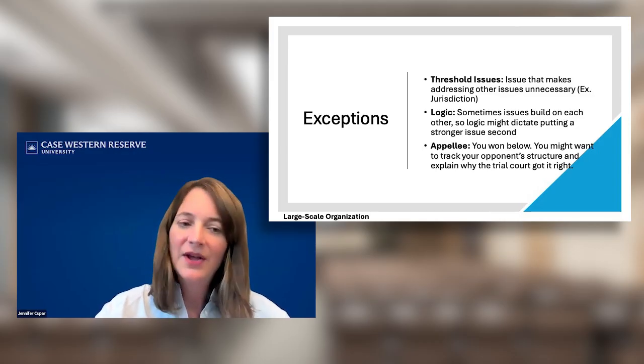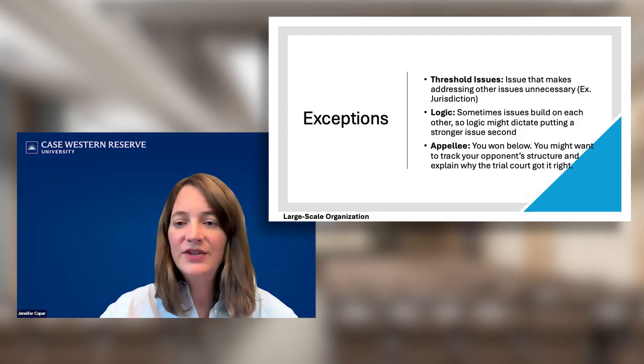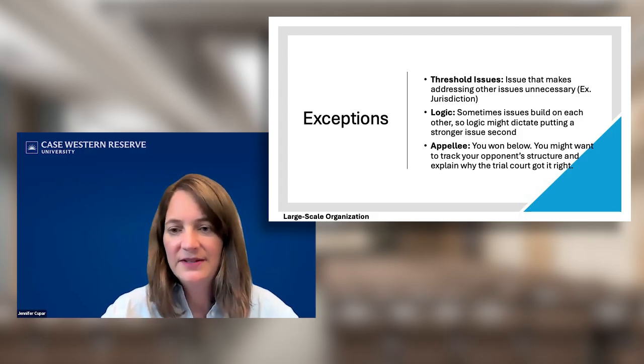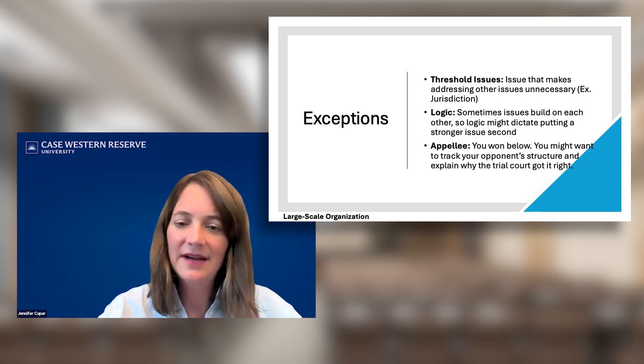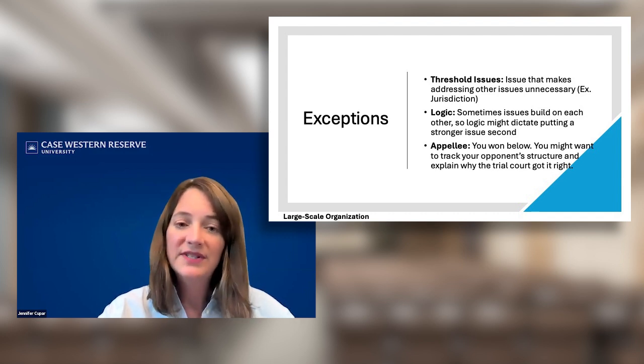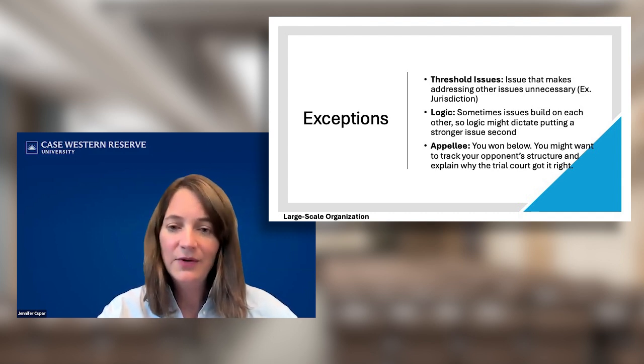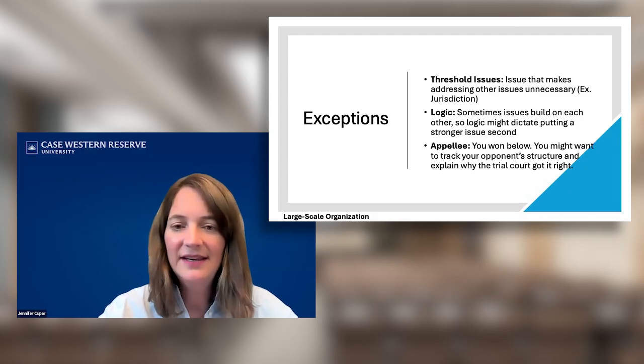Sometimes logic will dictate putting an issue that might not be your strongest argument first. One pretty common example of this is jury instructions. So say you've got an argument that the trial court made a mistake in giving a jury instruction.